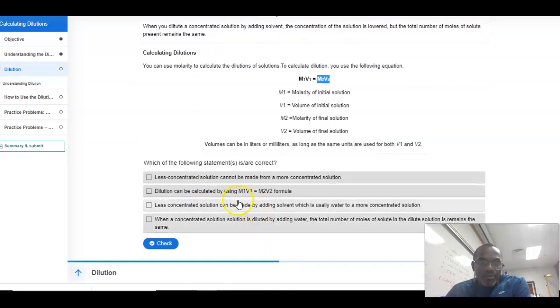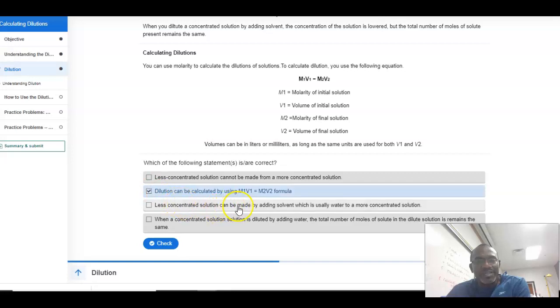Now, answer the following question. Which of the following statements is or are correct? So here you can have more than one correct answer. Less concentrated solution cannot be made from a more concentrated solution. That is false. Dilution can be calculated by using the M1 V1 equals M2 V2 formula. That is correct.